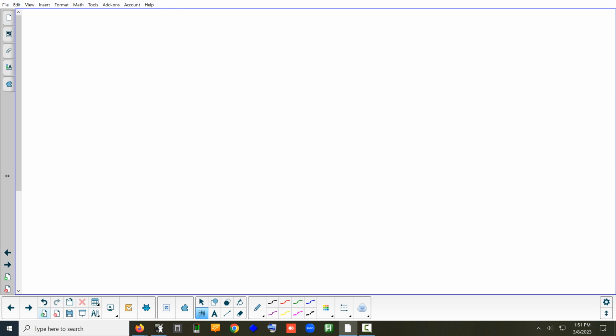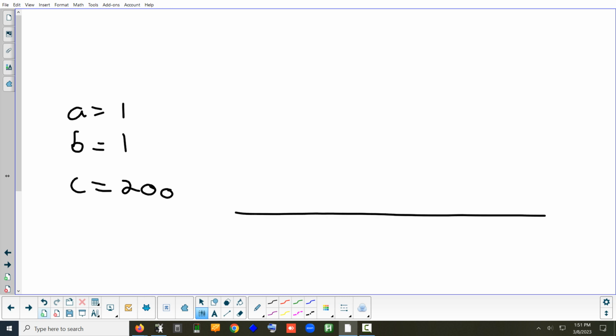Well, think about this. Let's say you had sides of like 1, 1, and 200. Could you draw a triangle if one side was 200 units long? Let's say that one's 200, and then the other 2 sides are 1 and 1. No. If that's 1, it's going to look like that. If that's 1, it's going to look like that. There's just no way those sides are ever going to meet.